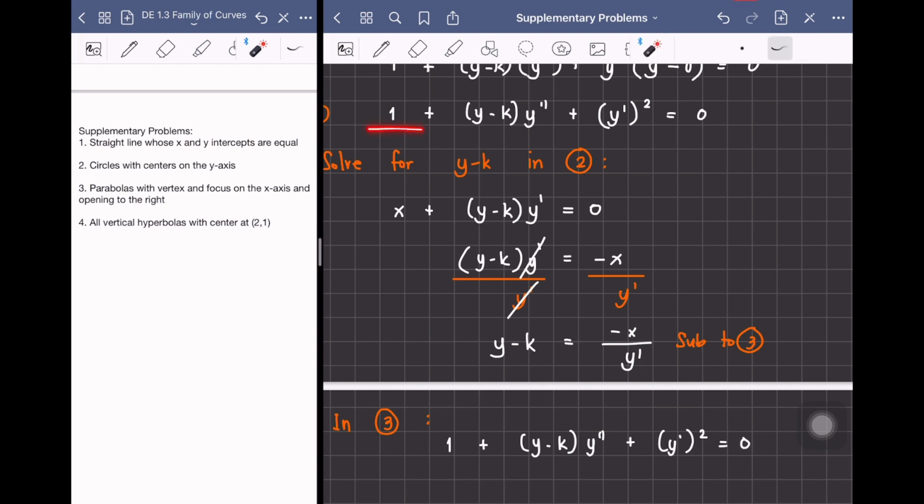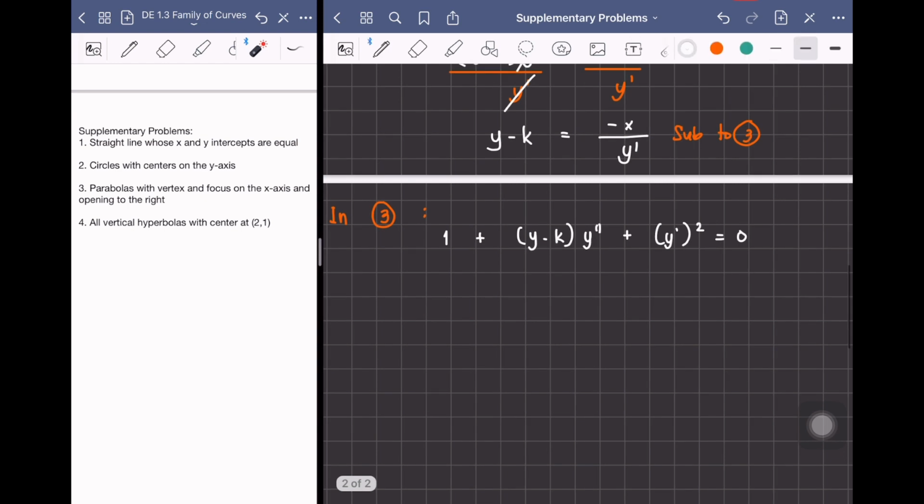So, we just copied equation 3. This is equation 3. And then we will substitute the value of y minus k with negative x over y prime. Okay. So, this will become 1 plus, in place of y minus k, we will replace it with negative of x over y prime times y double prime, copy the rest, plus y prime quantity squared equal to 0. So, to simplify this, we have to remove the y prime in the denominator.